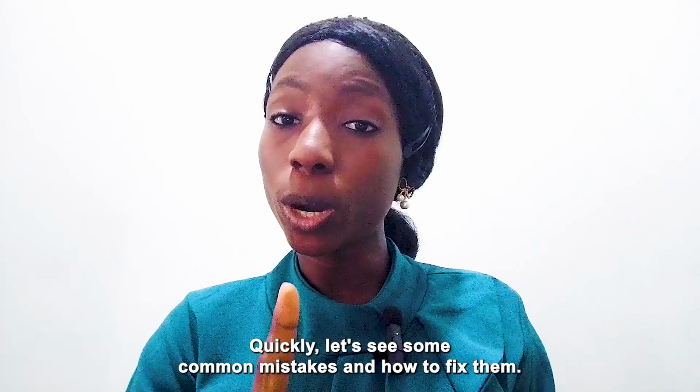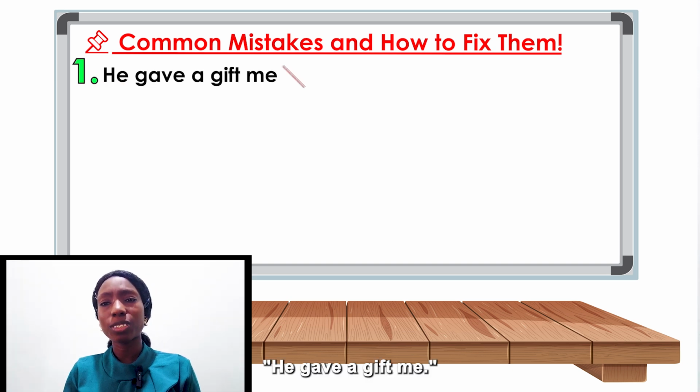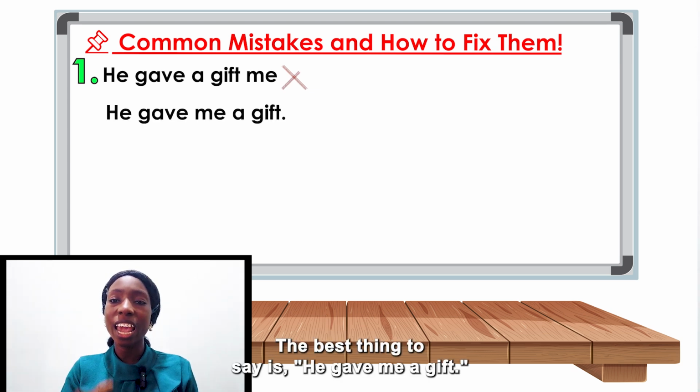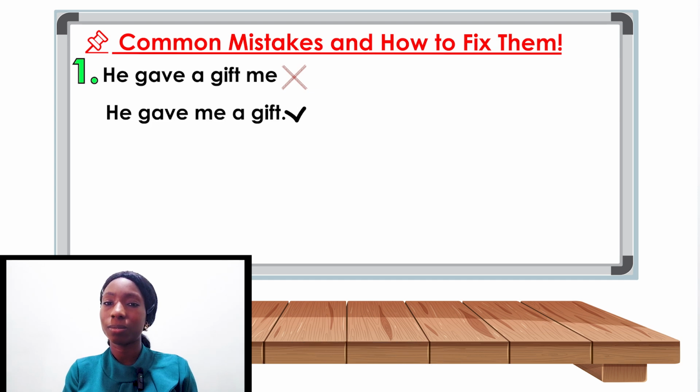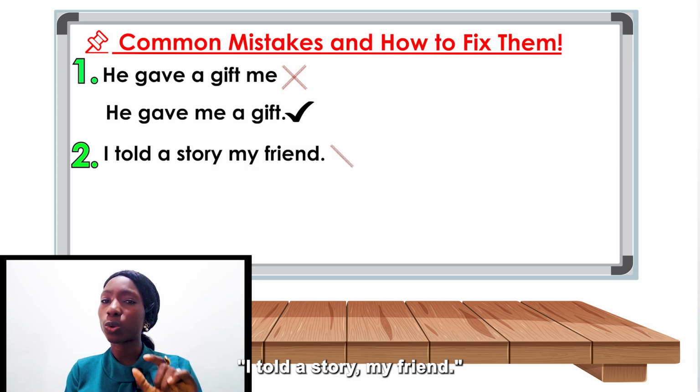Quickly, let's see some common mistakes and how to fix them. He gave a gift to me. This is absolutely wrong. The best thing to say is, he gave me a gift. Let's look at another common sentence that people say wrongly. I told a story, my friend.